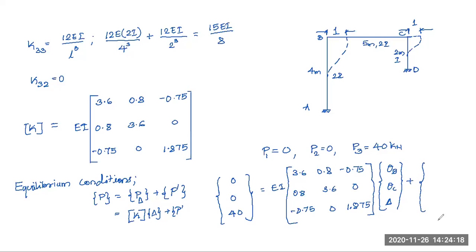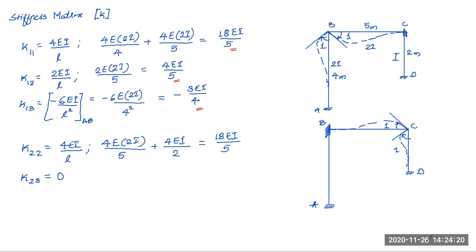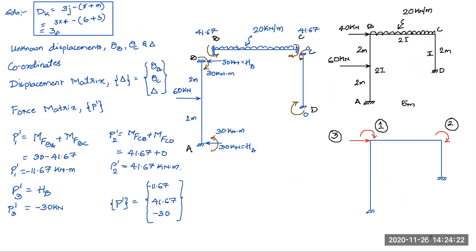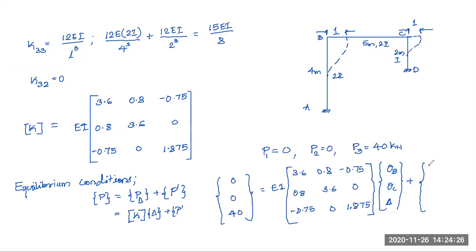What was the P dash matrix? Values were minus 11.67, 41.67 and minus 30. These were the values in this P dash matrix.